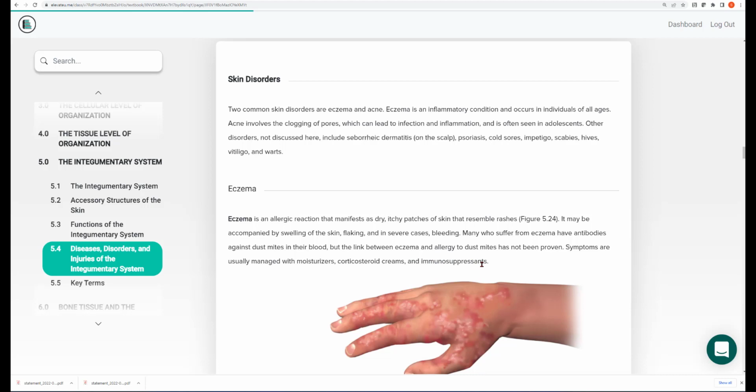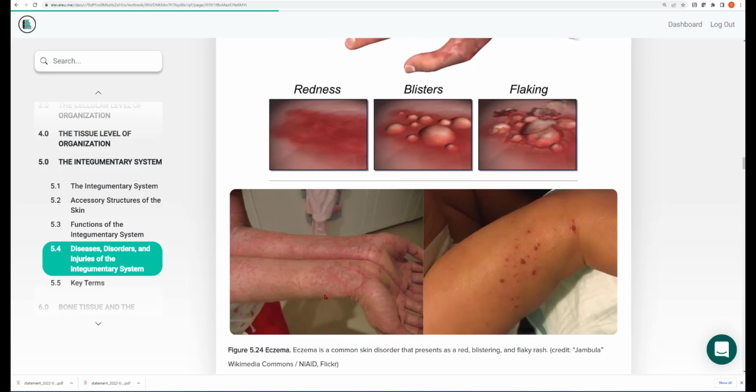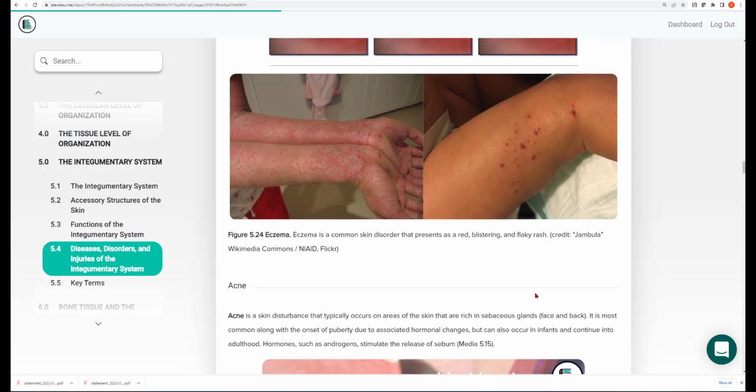You hear about these psoriatic arthritis type of things as well, sort of all related in a way. So individuals with eczema have large, rashy, dry areas, but it's not just a regular rash.